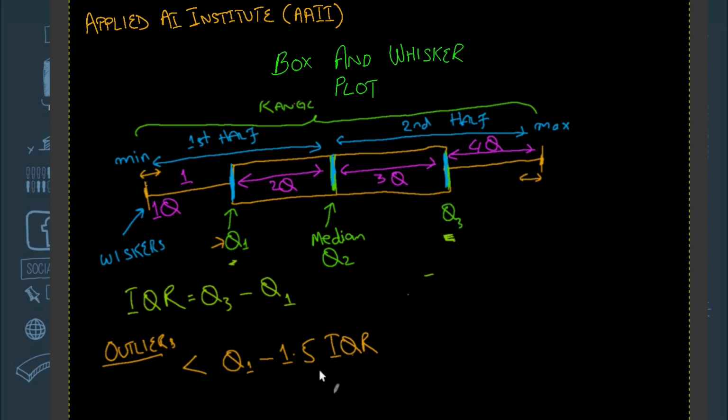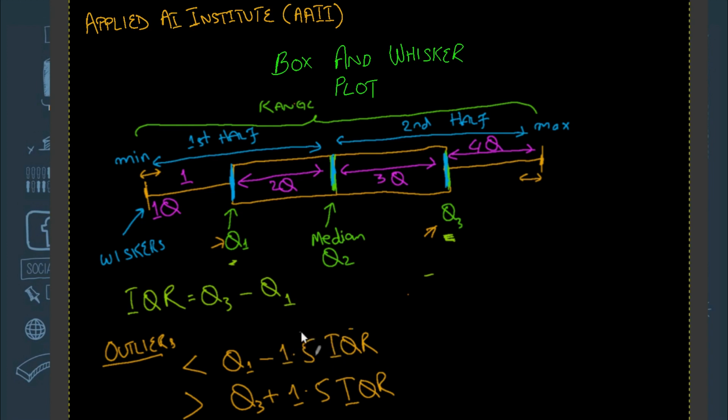What about the max side? Any point which is greater than Q3, which is this point, plus 1.5 times the interquartile range. Any point beyond 1.5 times IQR plus Q3 may be termed an outlier.